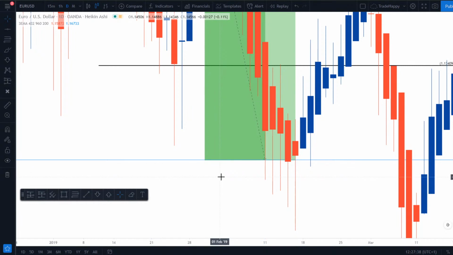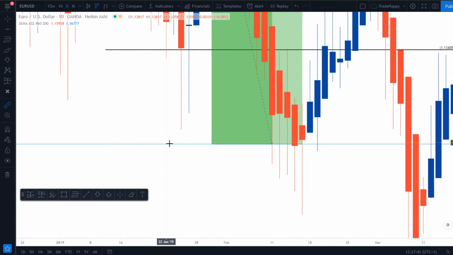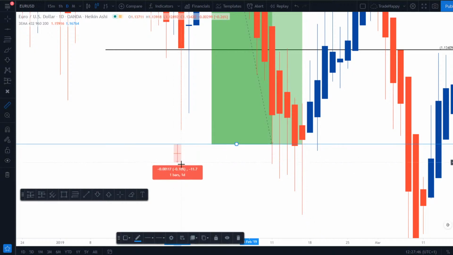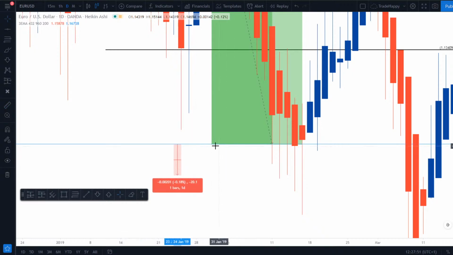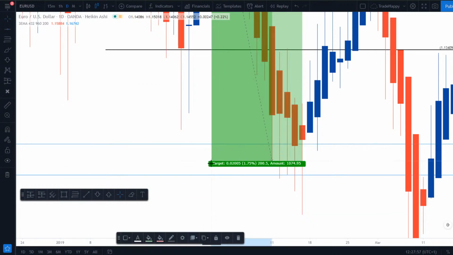And around the numbers, I would look for 20 pips past this area here. So if we just get 20 pips, that is here. Let me draw Fibonacci. Not Fibonacci, sorry, a line. And that's the take profit.